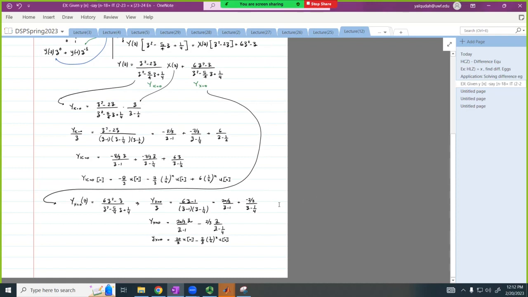Okay, so y of n is going to equal y that is due to the input plus y that is due to initial conditions.